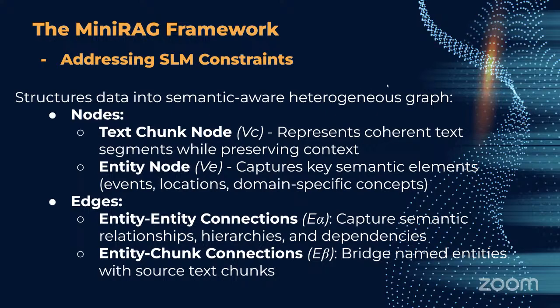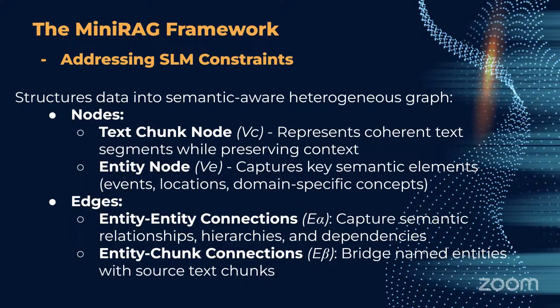And the heterogeneous part is referencing the fact that there are two generic node types in the graph. There are text chunk nodes, which are actual chunks of whatever sort of document text is being incorporated. You can think of these as paragraphs, essentially, if, say, a report is the underlying document.